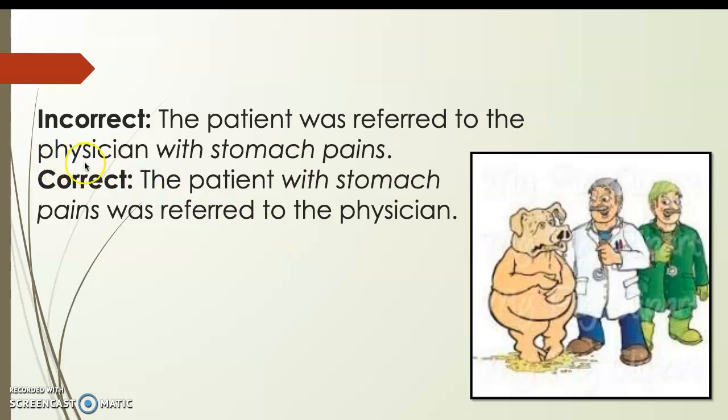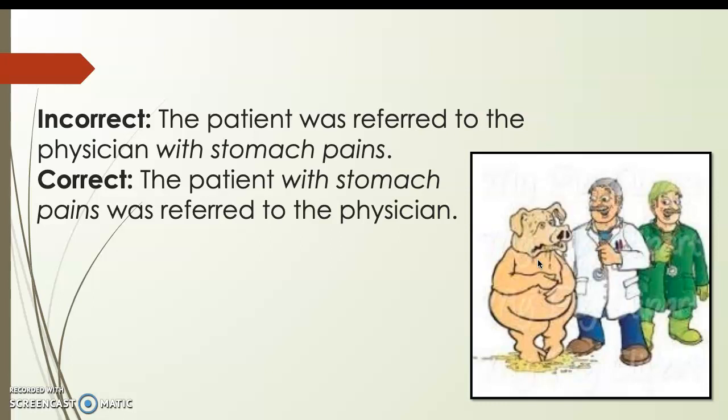So are we talking about the doctor has stomach pains or the patient has stomach pains? We're talking about the patient, right? So what we want to do is rewrite the sentence so that's how it is reflected. For example, the patient with stomach pains was referred to the physician. This obviously being the physician, this being the patient. Does that make more sense?